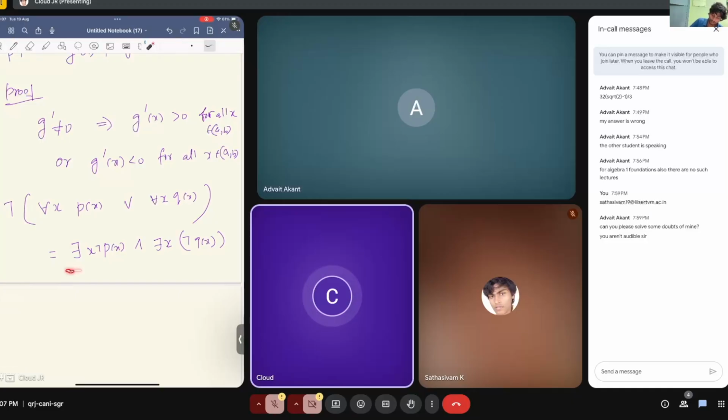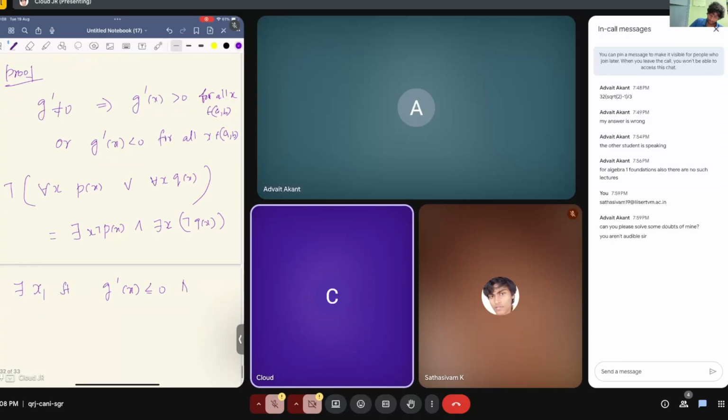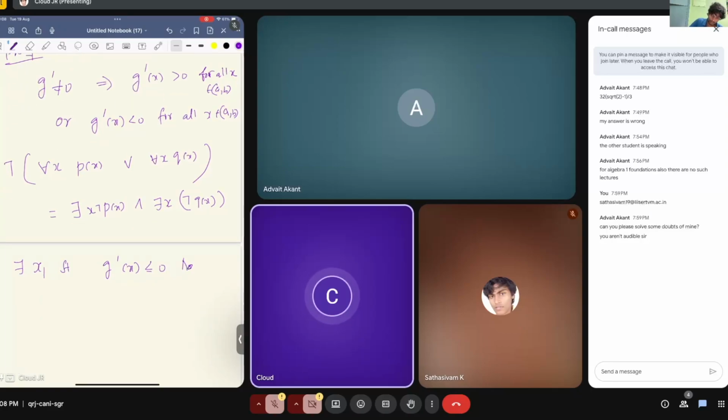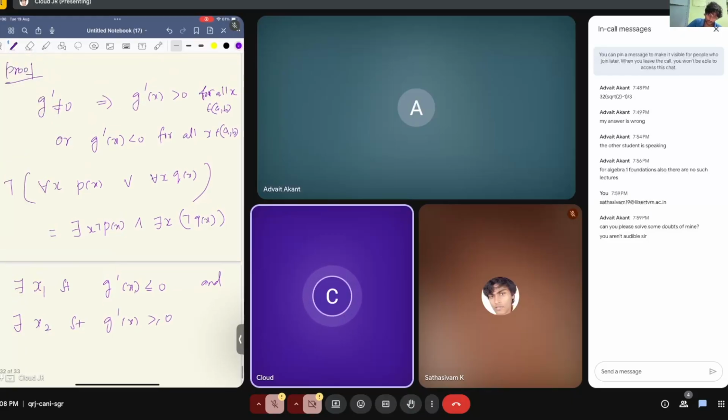Basically, if you look at the negation, what the negation tells you is there exists x1 such that g prime of x1 is less than or equal to 0, and there exists x2 such that g prime of x2 is greater than or equal to 0. So this is what the negation tells you, but you already know from the hypothesis that g prime of x is not equal to 0, right?